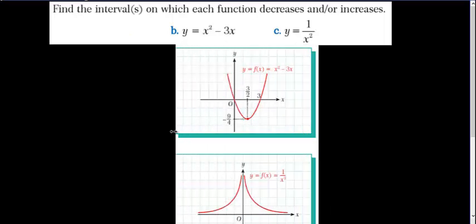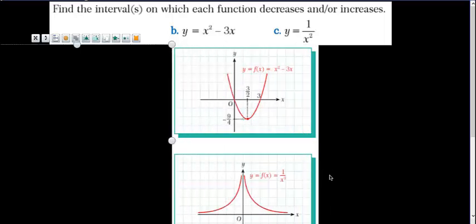Here there are two examples: y is equal to x squared minus 3x, and y is equal to 1 over x squared. I already put the graphs of the functions here. As you see, this is a quadratic function, the figure is a parabola.